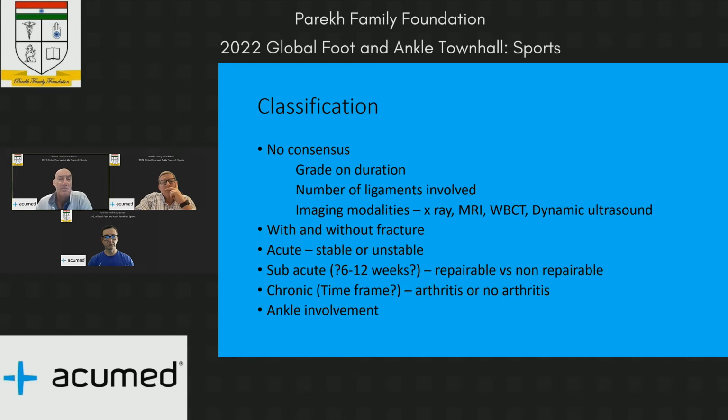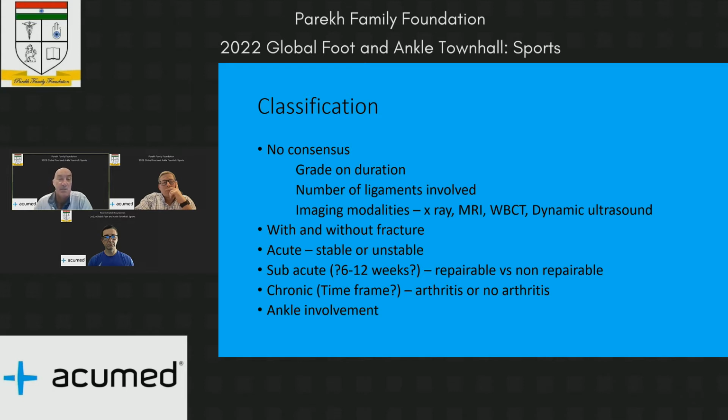So there's no good classification system. It's been graded on both duration and number of ligaments involved, and more recently with imaging modalities such as MRI, weight-bearing CT, and dynamic ultrasound. Essentially, at the EFAS conference, I think 5 years ago, there was a classification where it's with and without fracture, and if there's no fracture, then acute, which is less than 6 weeks, is it stable or unstable?